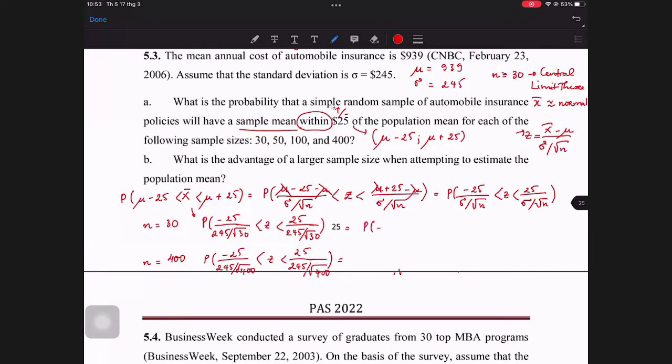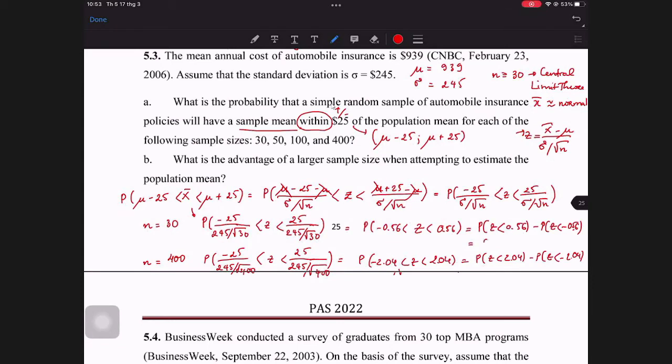So I'll just write out the answers here.